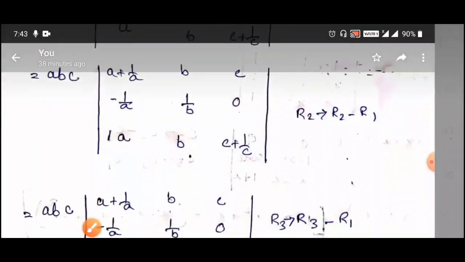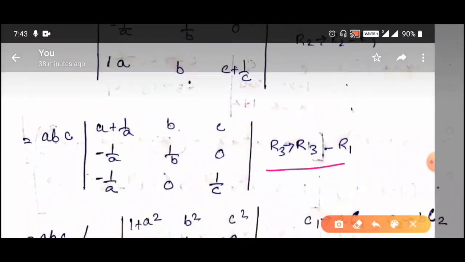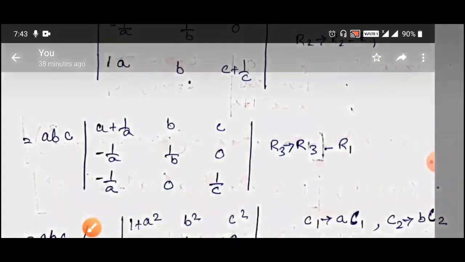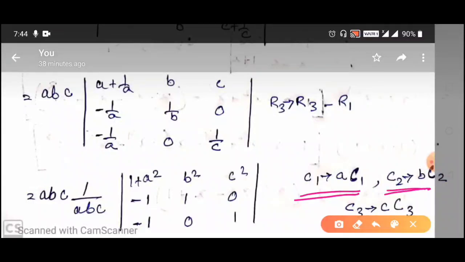Now we can again replace row 3 by row 3 minus row 1, then we will get here 0. Now we can multiply the columns as column 1 is replaced by A column 1, column 2 is replaced by B column 2 and column 3 is replaced by C column 3.